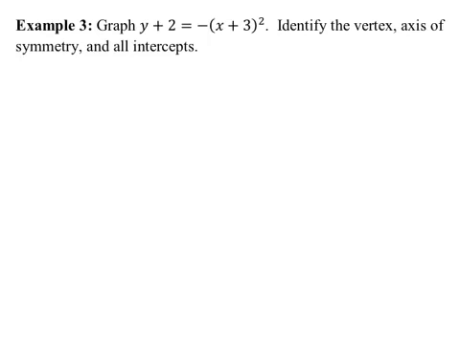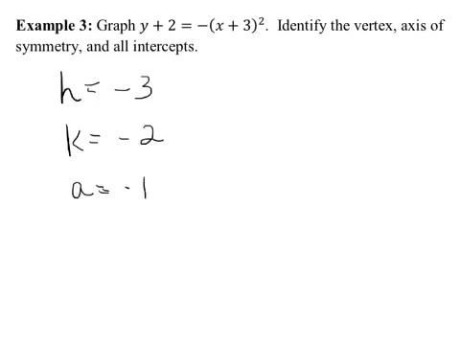Now, what we're going to do here is we look at our standard form. H is, Erickson? Good. K? -2. Remember the standard form is y minus k equals a quantity x minus h squared. The a value is -1, which tells us it's going to open down.